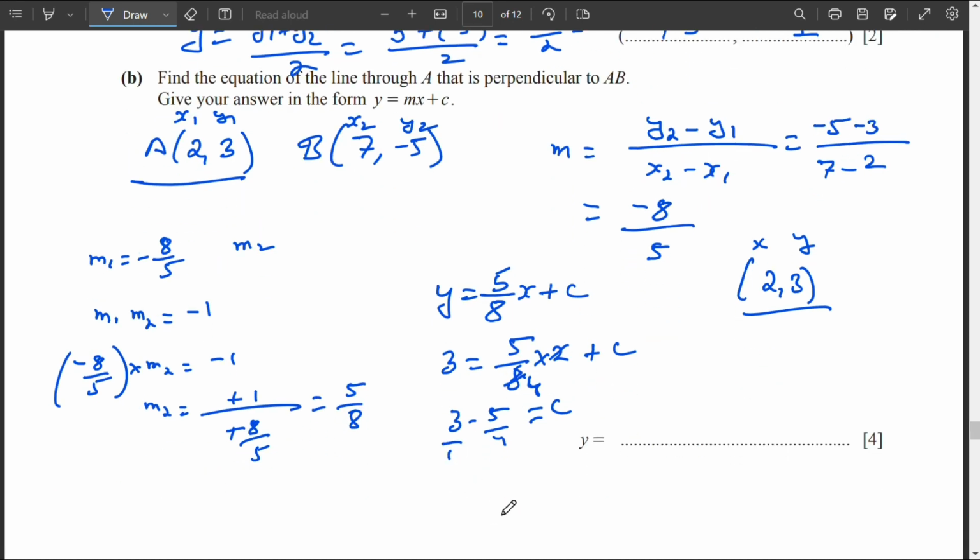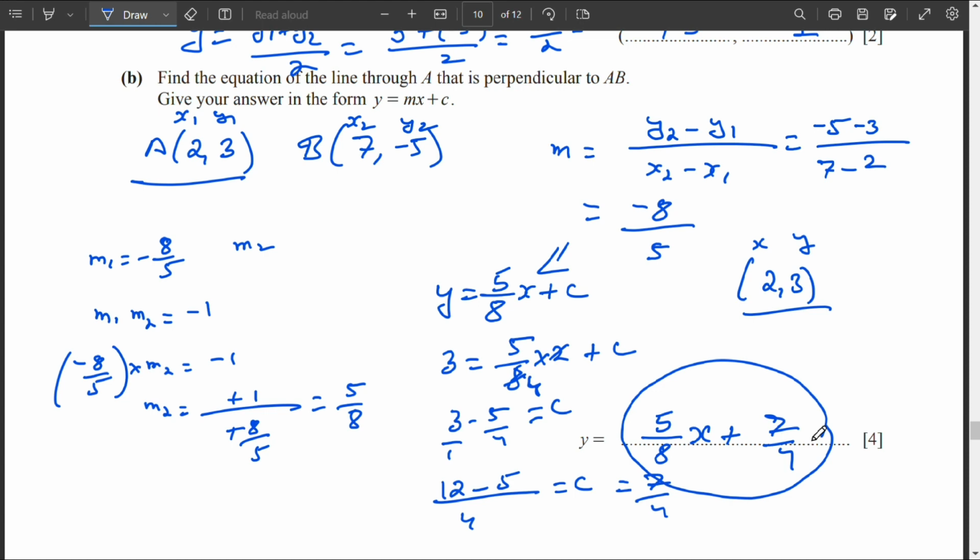You can just put 1 over here, this is 4, this goes 4 times. 3 4s are 12 minus 1 times 5, this is 12 minus 5 is 7, 7 by 4. So we have c as 7 by 4. You can substitute over here. So the final equation will be y equals 5 by 8 x plus 7 by 4. So that is your answer.